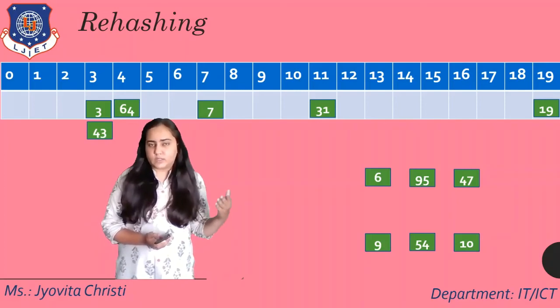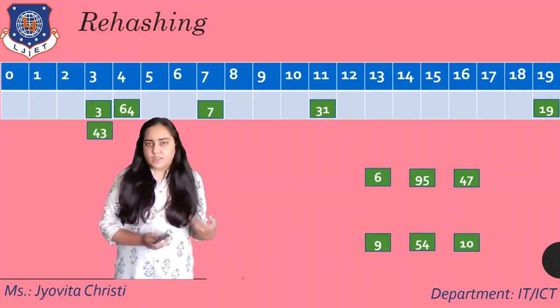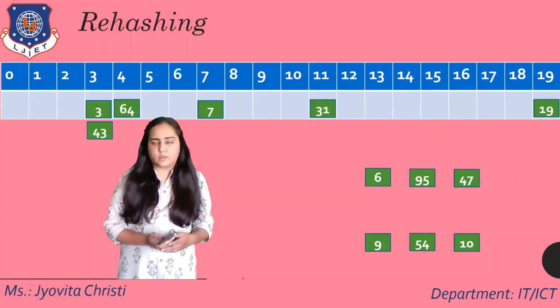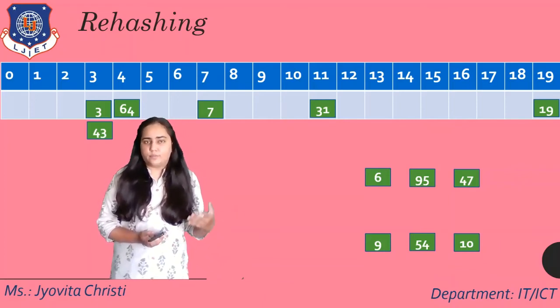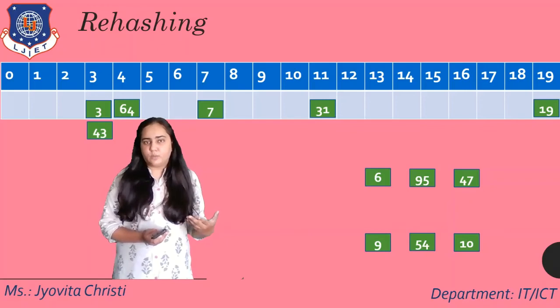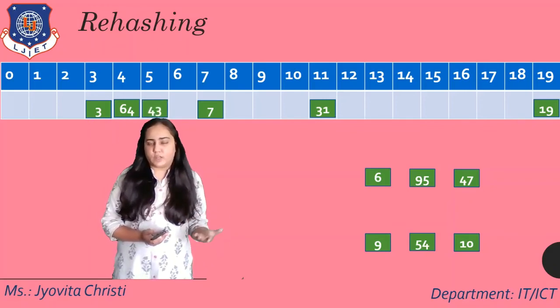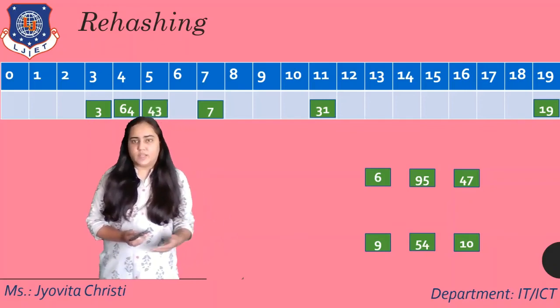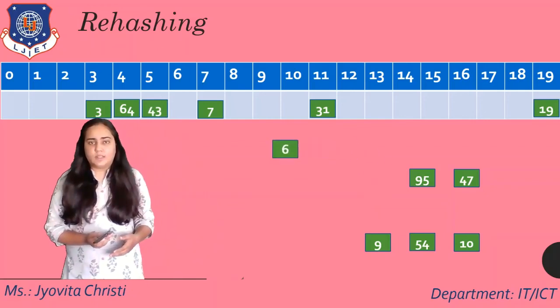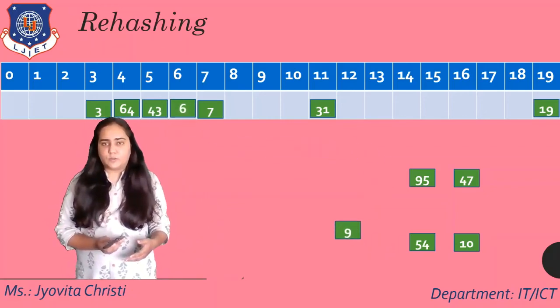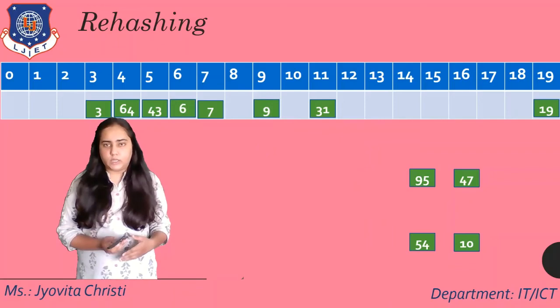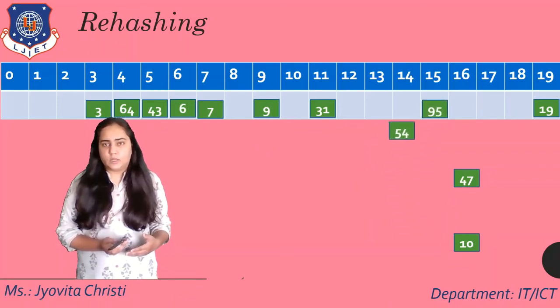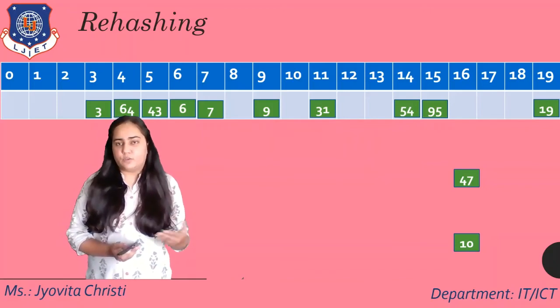But since it is already occupied, we can now use linear probing or any other technique that you want. So maybe if we use linear probing, we can put 43 in position 5 because that's the next free bucket. 6 gets inserted in 6th position, 9 in 9, 95 in 15th position, and 54 in 14th position.